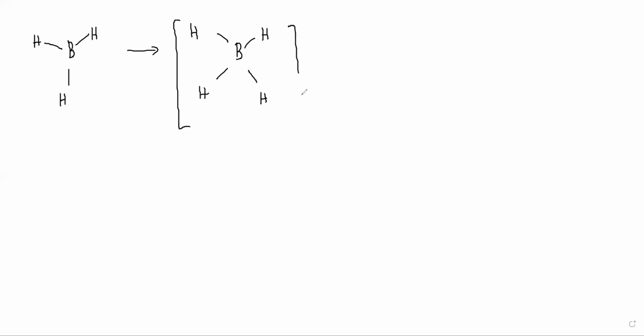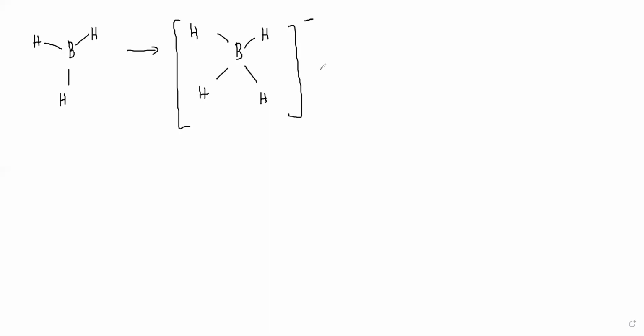Remember that the negative charge is not because of any lone pair here. The negative charge is because H minus was added to this, and boron didn't have more than 6. So there is no vacant lone pair somewhere. Then the electrons that will come out from this will come out from some bond being broken.